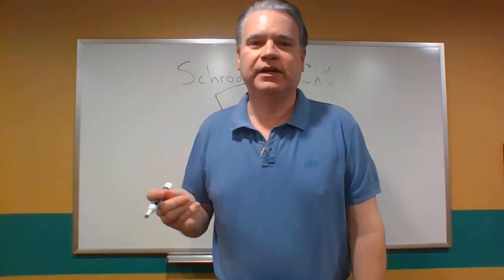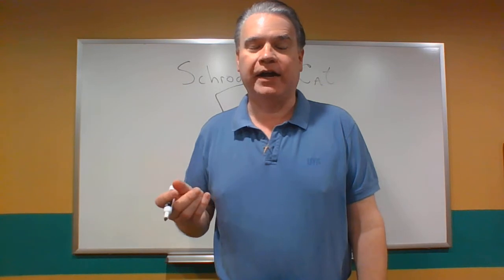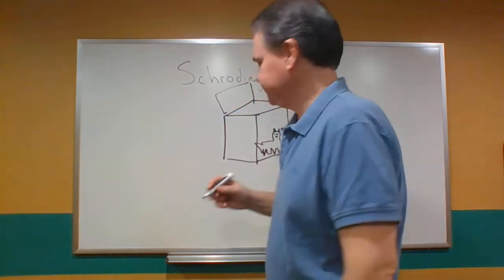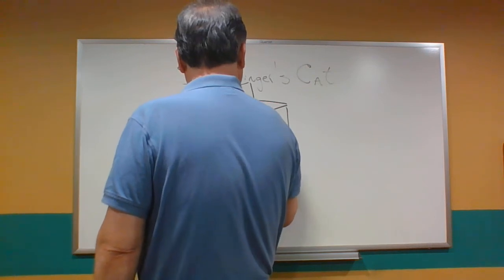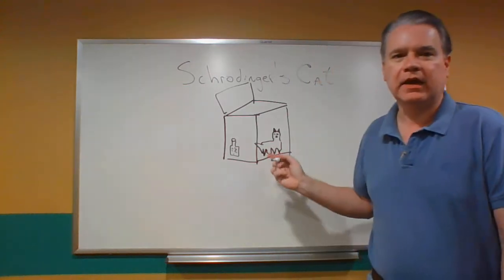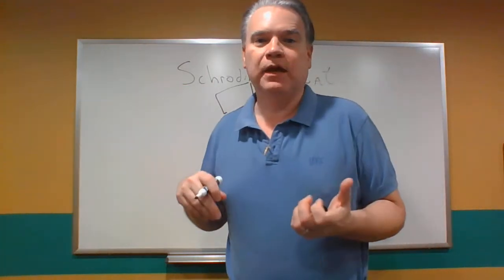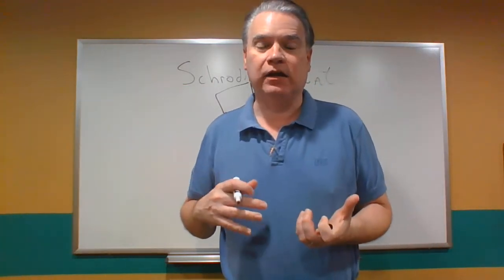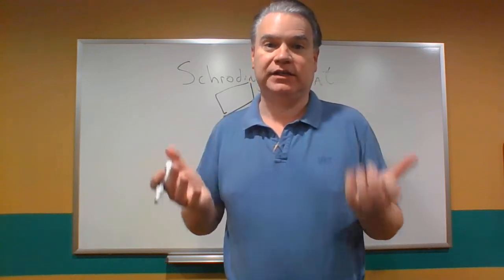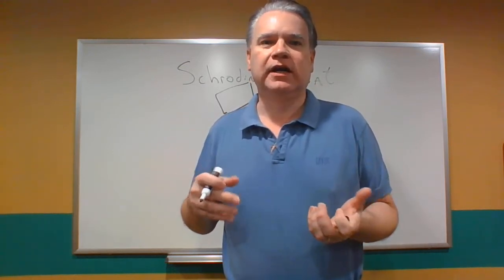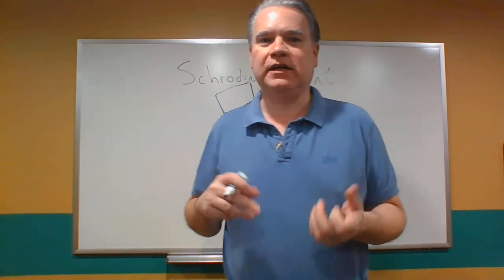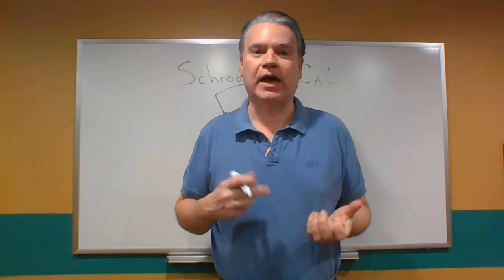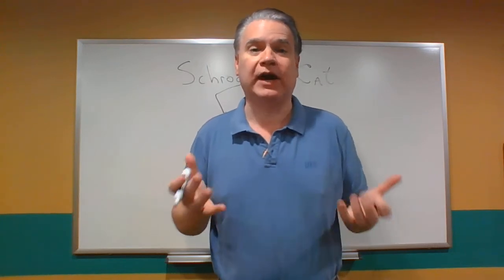And in the box, place a glass vial of poisonous gas. And create a mechanism where the glass vial is broken and the gas is released, depending on whether a Geiger counter registers the radioactive decay of a particular atom.